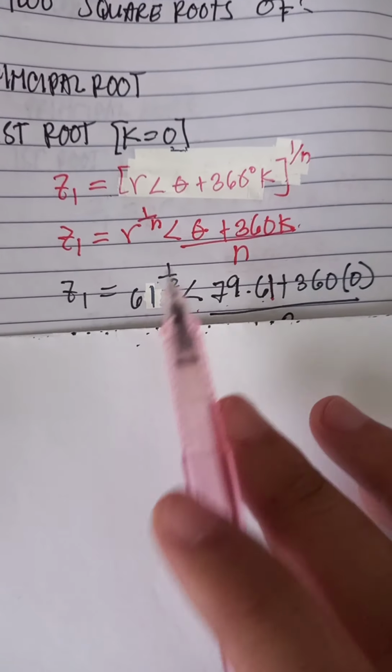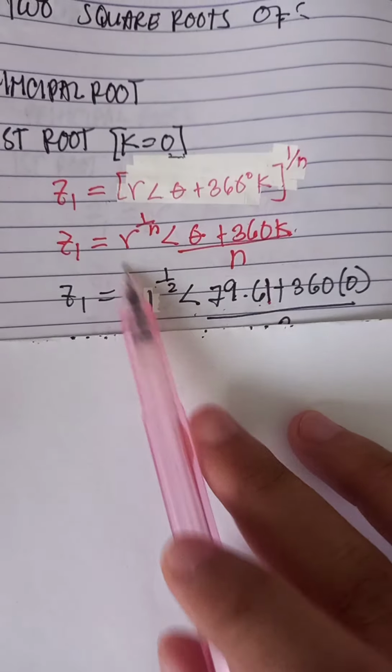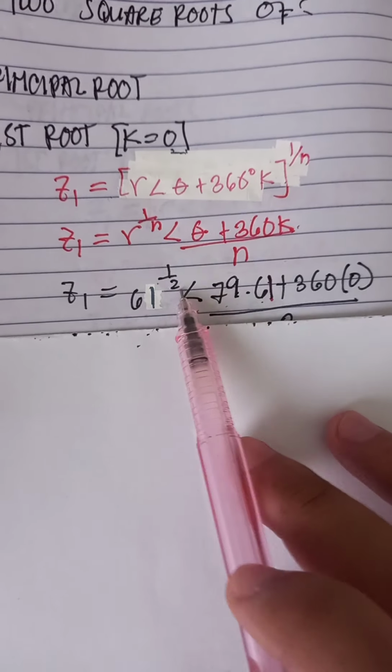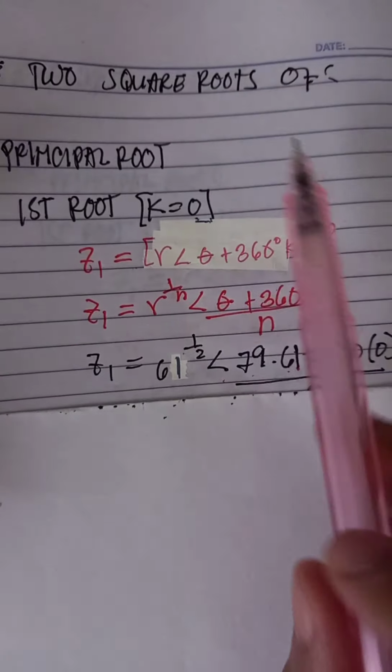So in z1, our value of r is 61 and the value of n is 2 because it is a square root.